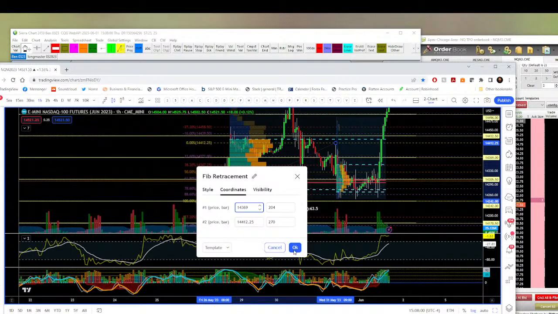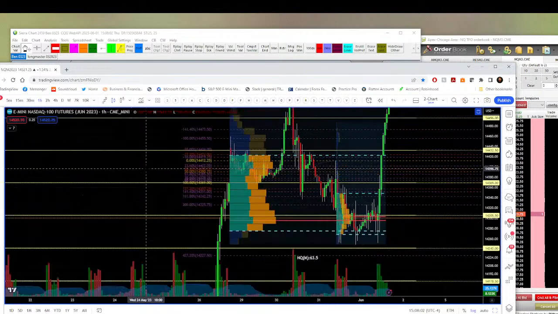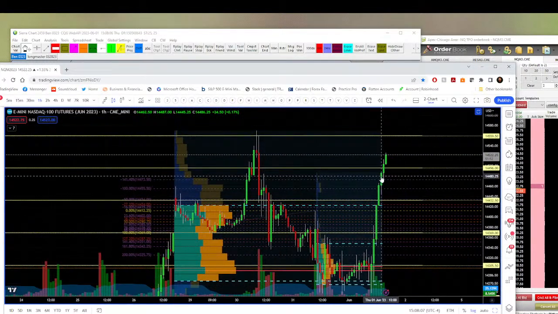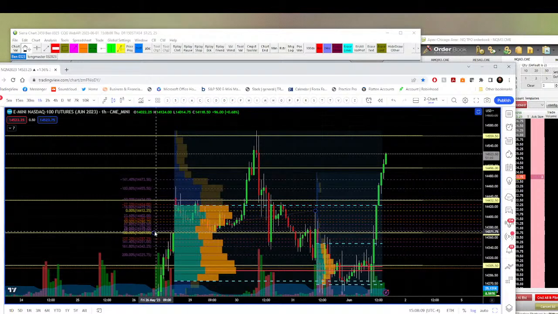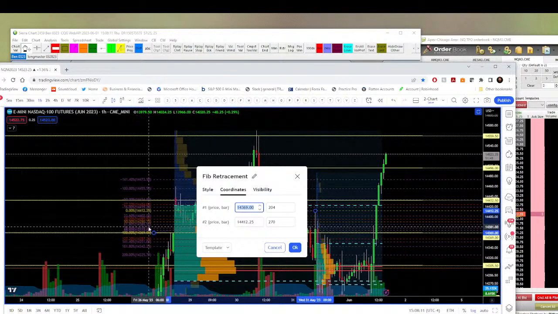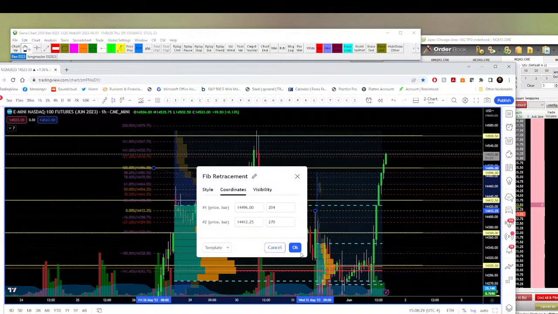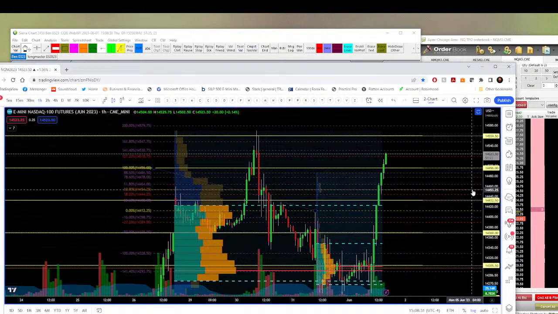You don't really know which one to use, but once you find it, yeah, see, that's pretty close. What about 14,432.50? That's for most, but look at that. So that's probably right. 14,496. What's that look like? Do we have more? There we go. Let's do that. At least we have more levels.